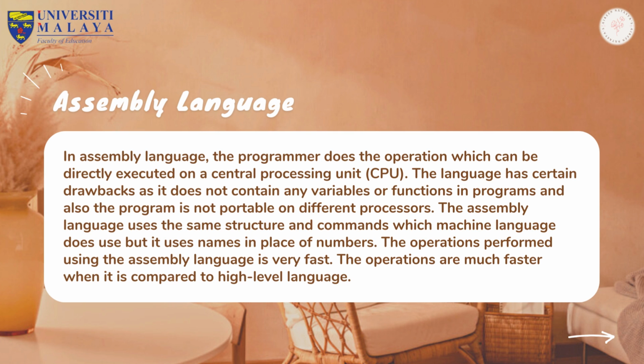The language has certain drawbacks as it does not contain any variables or functions in programs, and also the program is not portable on different processors. The assembly language uses the same structure and commands which machine language does use, but it uses names in place of numbers. The operations performed using the assembly language are very fast.